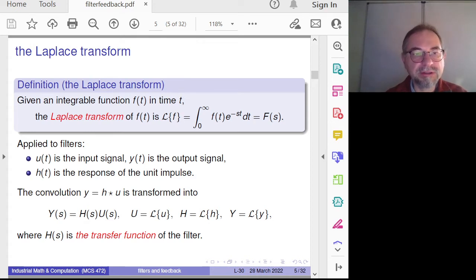So we have the unit impulse, that is also a function in time, and that is then described by its Laplace transform. The little h is the response of the unit impulse. The capital letters are the transformed. So we go from the time domain to the frequency domain, and we've noted earlier that we can interpret this S as also an operator, as kind of the inverse of the integral.